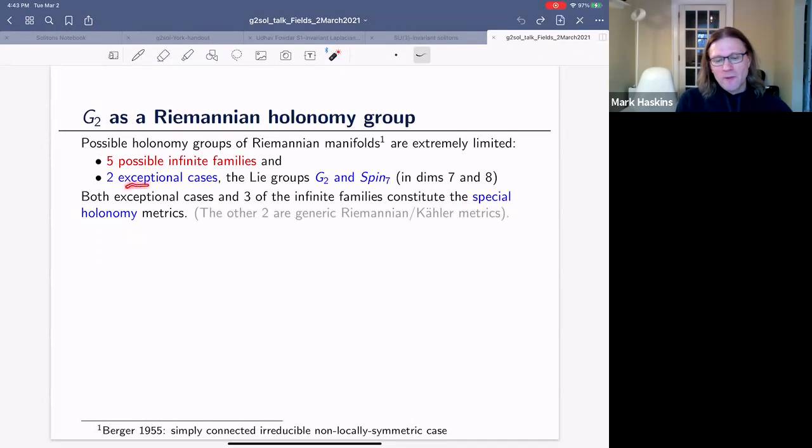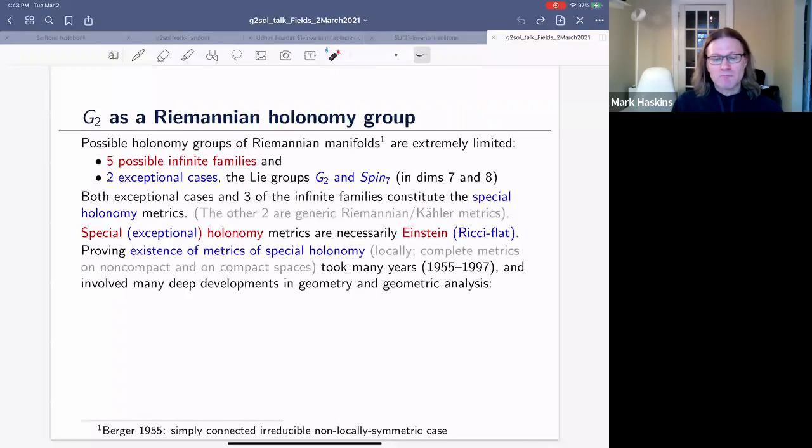Of these 5 infinite families, 2 of them are just holonomy SO(n) and holonomy U(n). Those correspond to generic Riemannian manifolds and generic Kähler manifolds. If you take these 2 plus the 3 other families, those constitute what we call the special holonomy metrics.